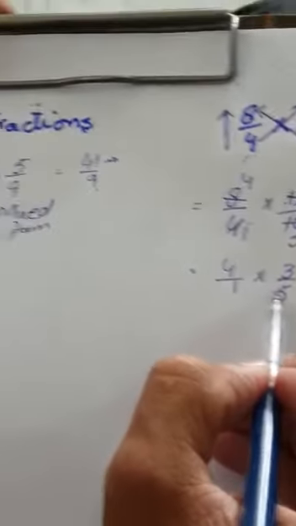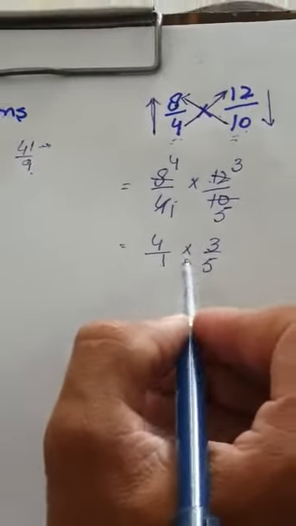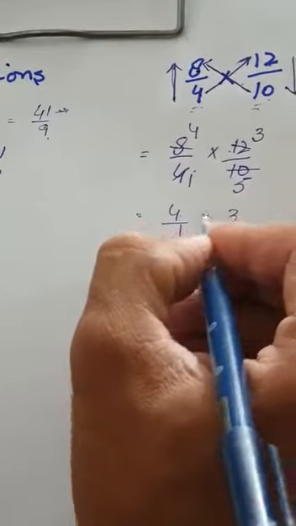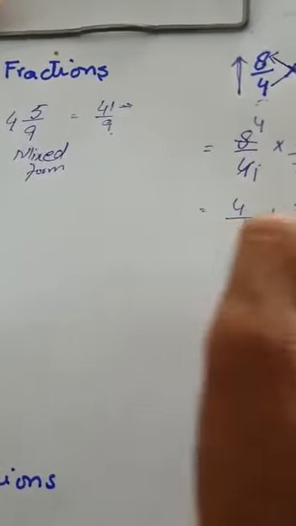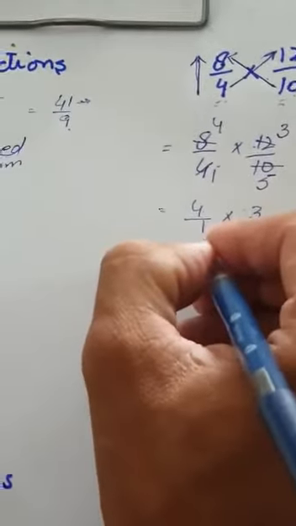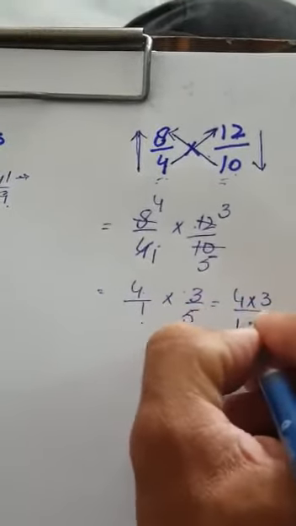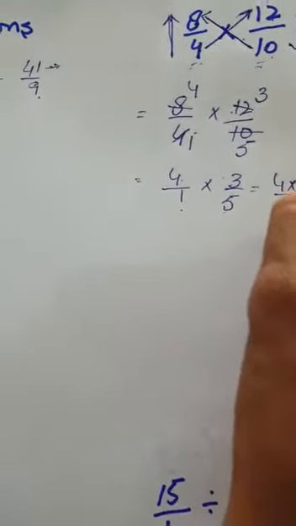As you can see, now we cannot cut anymore in these fractions, so we will multiply simply. We will simply multiply this 4 by this 3 and this 1 by this 5. In other words, you can say we will multiply the numerator with the numerator and denominator with the denominator. So it will become 4 multiplied by 3/1 multiplied by 5, which is equal to 12/5, which is our answer.